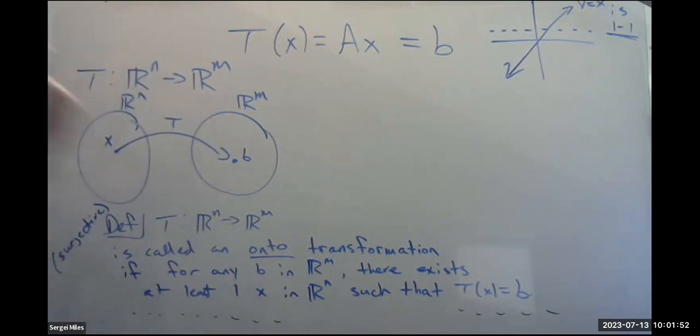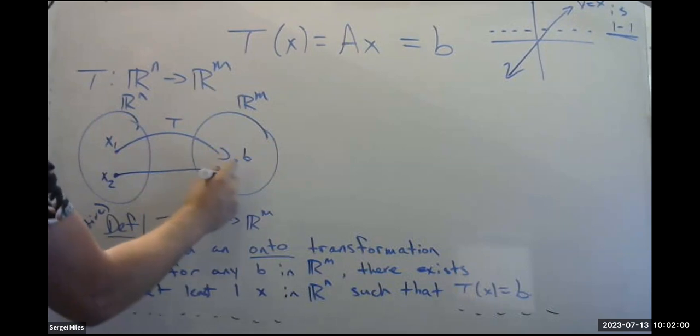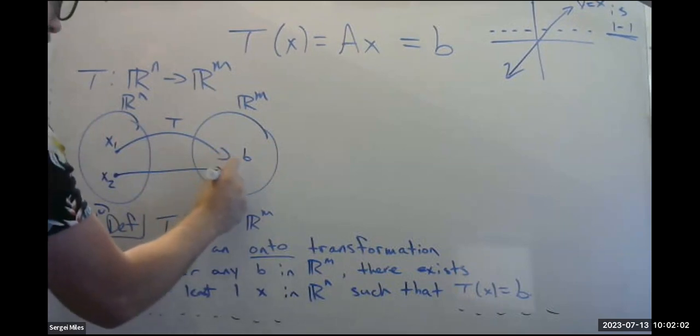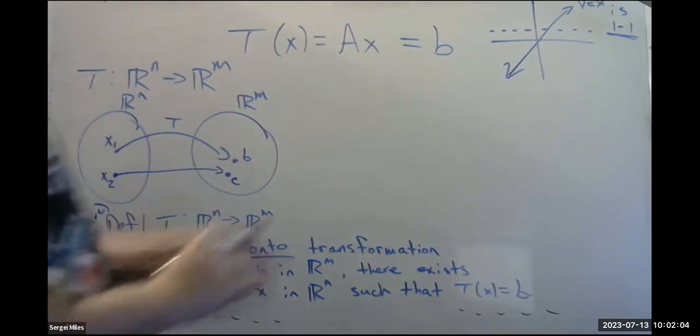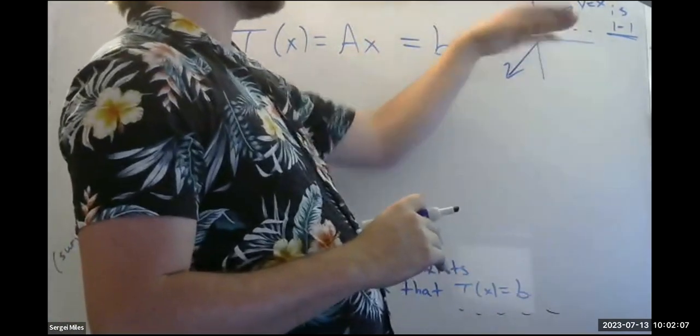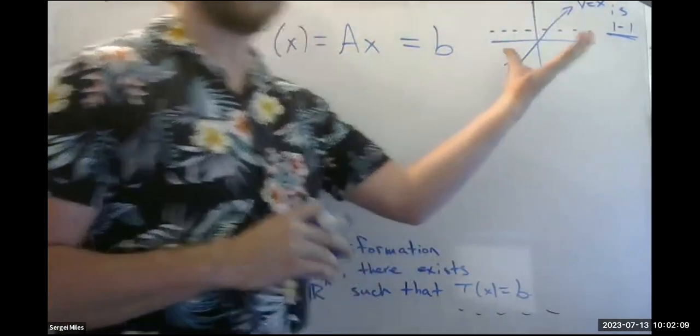But one-to-one would say, well, if I have two different x's in my domain, they never go to the same spot. They're going to go to different places. So they're going to satisfy the horizontal line test.